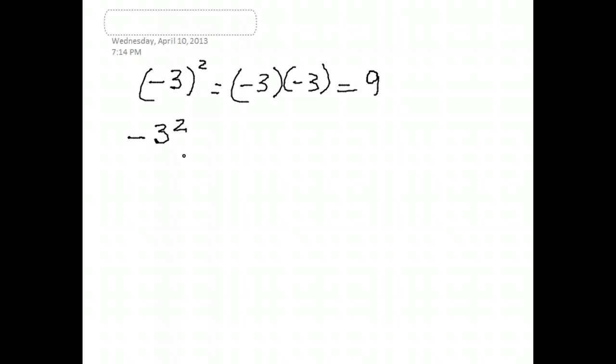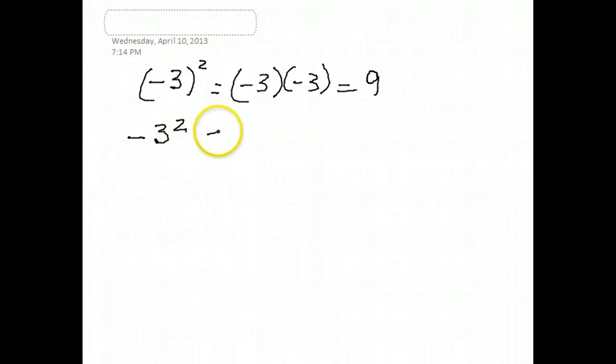I have the negative sign in front of the 3. The rule in terminology, when we write in math, is that the exponent only applies to whatever number is right next to it. So this squared only applies to the 3. It does not apply to the minus, to the negative sign.